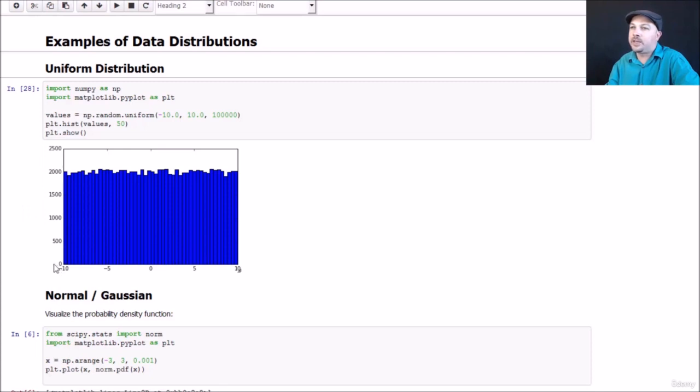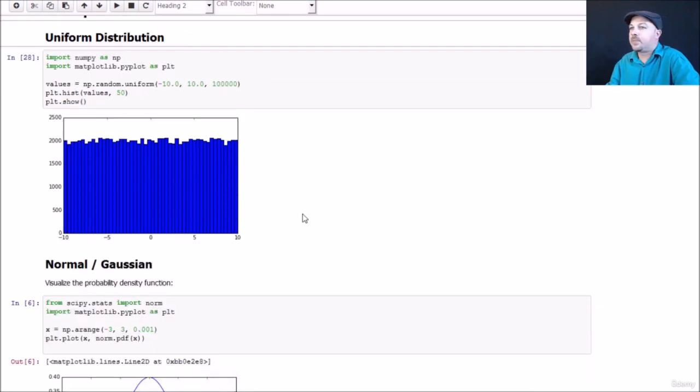But when I'm between -10 and 10, I would see a flat line because there's a constant probability of any one of those ranges of values occurring, okay? So for a uniform distribution, you would see a flat line on the probability distribution function because there is basically a constant probability. Every value, every range of values has an equal chance of appearing as any other value. And that does happen sometimes.